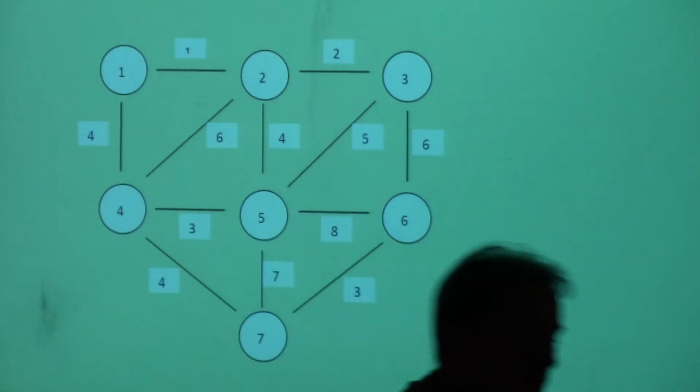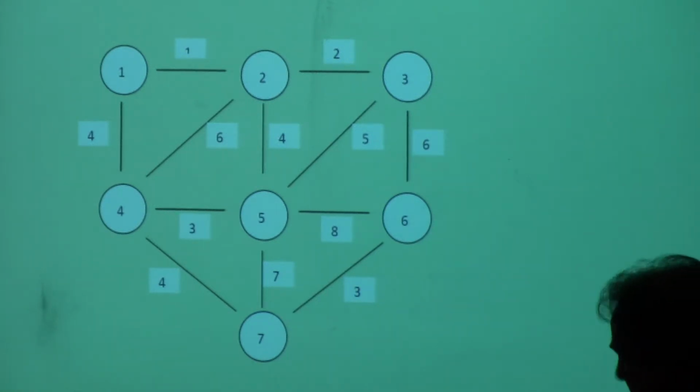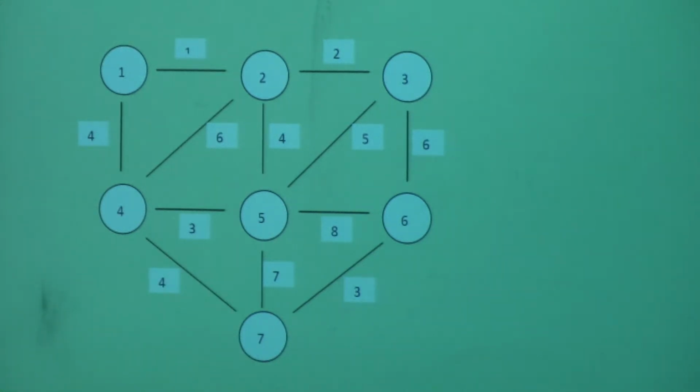Do you think we would pick this expensive edge early? No. We would not like to pick it because we want to have the lowest cost. So which edge looks most attractive? 1 to 2 looks most attractive because the cost is 1.